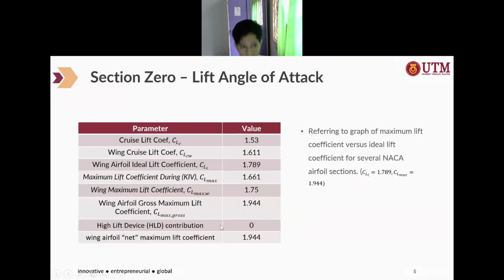For the section zero lift angle of attack, we obtain the following parameters. This is because we refer to the graph of maximum lift coefficient versus ideal lift coefficient for several NACA airfoil sections. Then we obtain that the wing airfoil ideal lift coefficient is 1.789 and the wing airfoil net maximum lift coefficient is 1.944, since there is no subtraction of value from high lift device contribution.